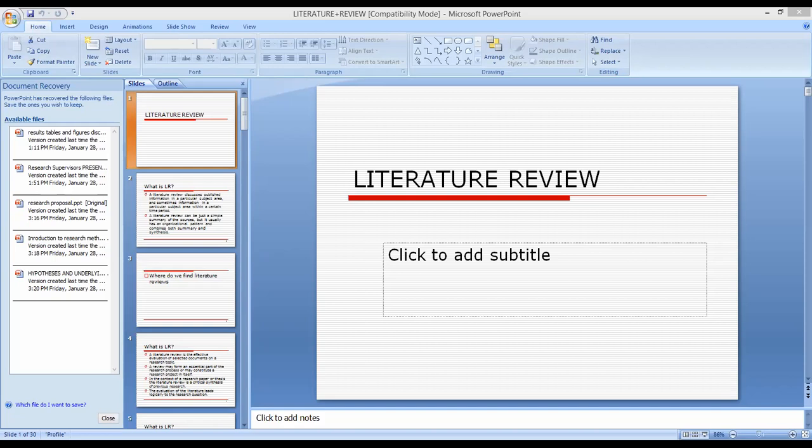For example, if your topic is prevalence of back pain among academics at the Lusaka Apex Medical University, your research question would be, what is the prevalence of back pain among academics at the Lusaka Apex Medical University? So one was in a topic format, the other in a question format.